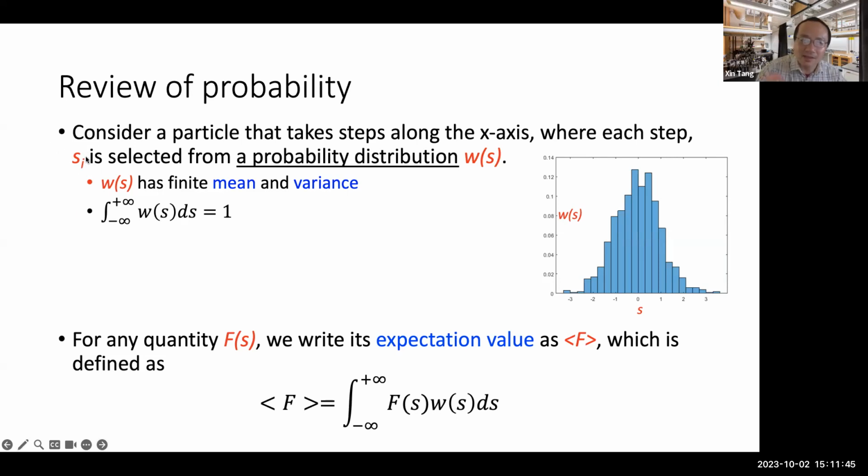Each step has a size. The size of the step follows a distribution called W(S). This distribution gives the probability of any step this particle takes: what is the step size?